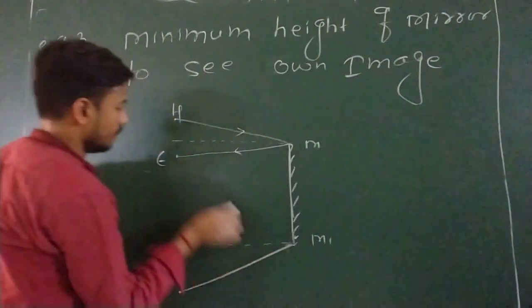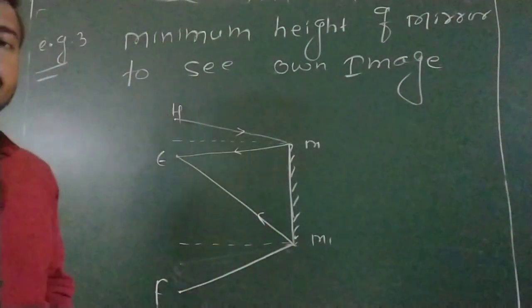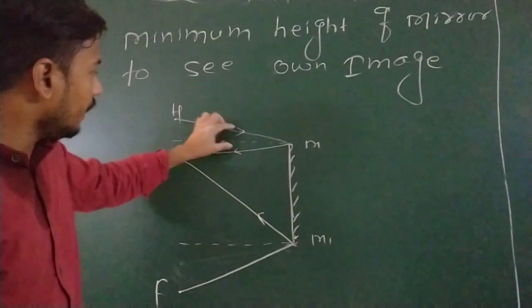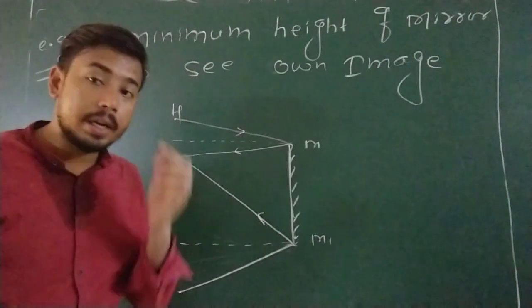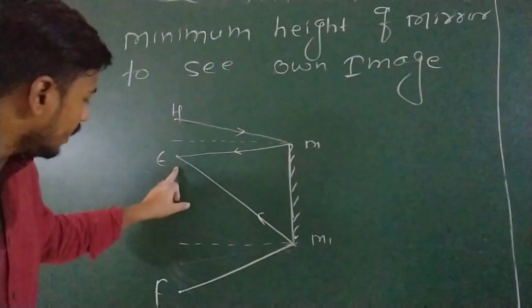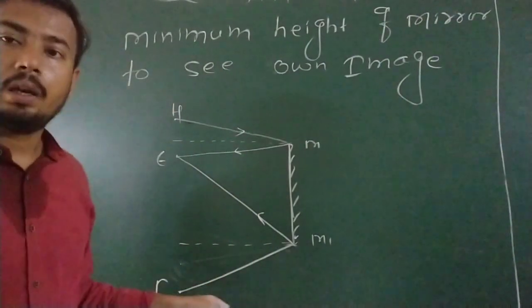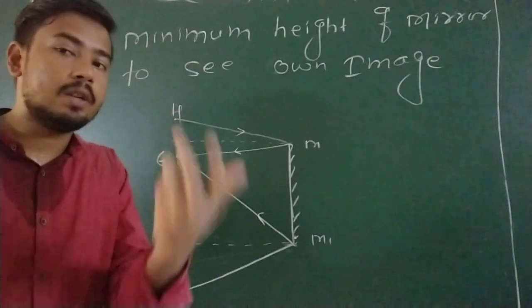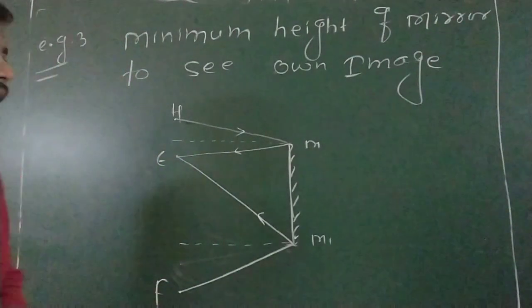One light should go like this, and this should also reach like this, then you will be able to see. So this will ensure that you are able to see the foot. It means if it is reaching here, then light from all the points of your body must reach your eye, right?